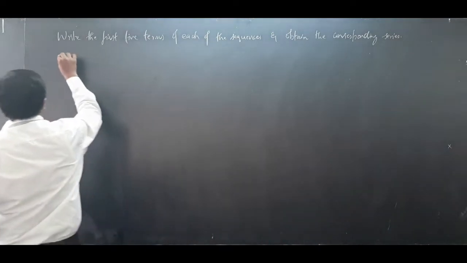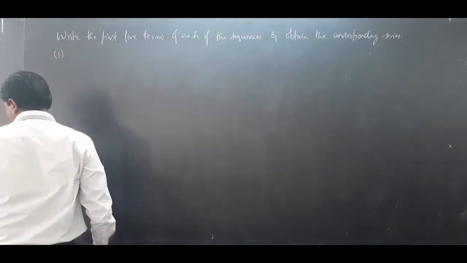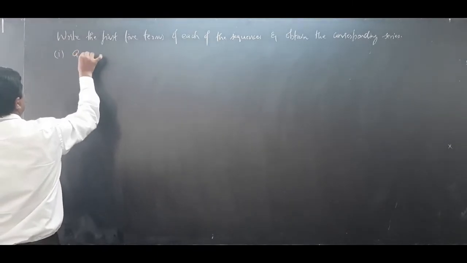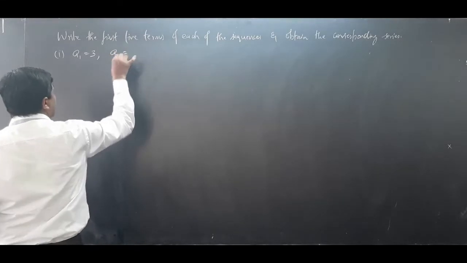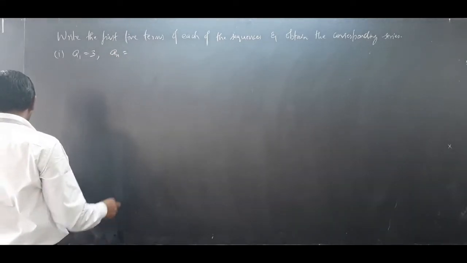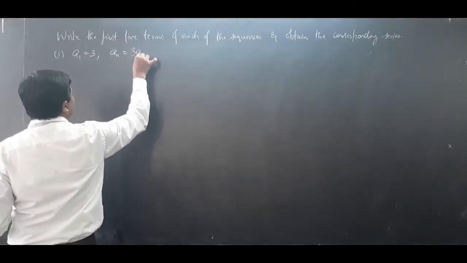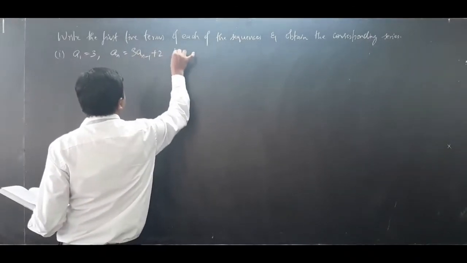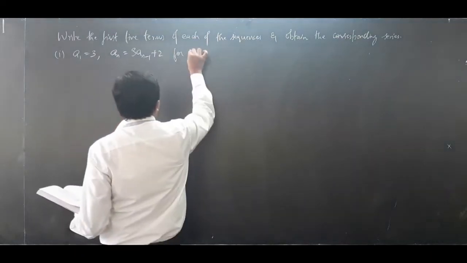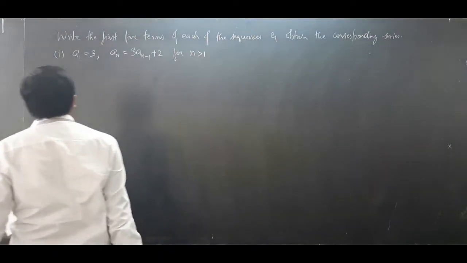Under this, sub-question number 1: a1 equals 3, an equals 3 into an minus 1 plus 2, for n greater than 1.